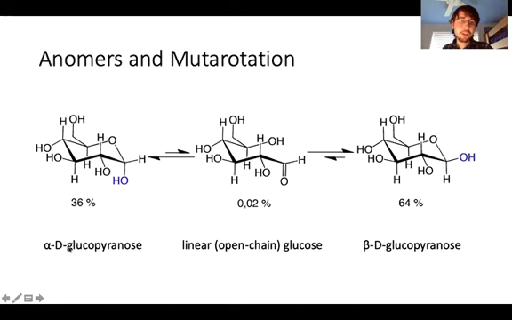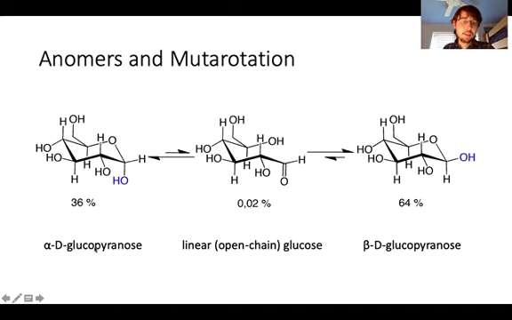So this is called glucopyranose. And so the pyranose form is the most abundant form of glucose in solution. It's much more stable than the linear form. And so the linear form only takes up about 0.02% of glucose when it's in aqueous solution, and the cyclic forms take up most of the rest.